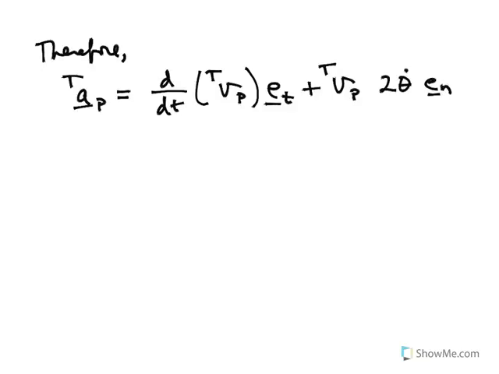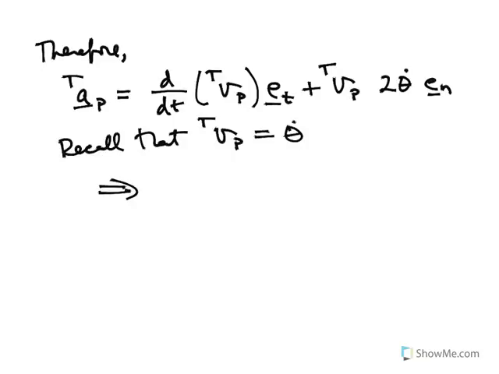If I go back to the original expression, let's recall that the speed was equal to theta dot. That's what I had originally, which means that the rate of change of the speed is equal to theta double dot.